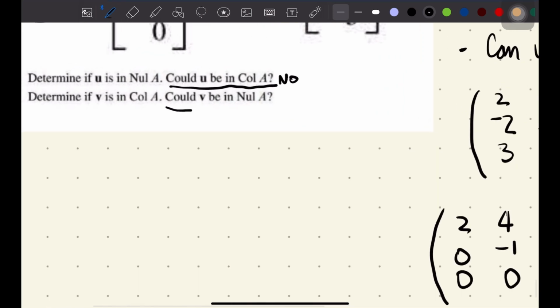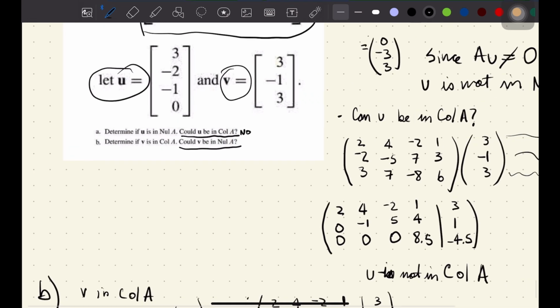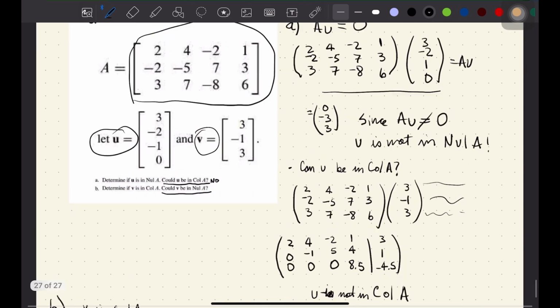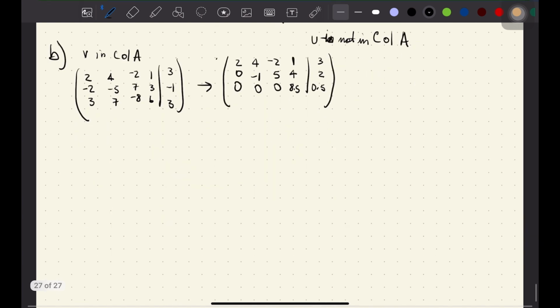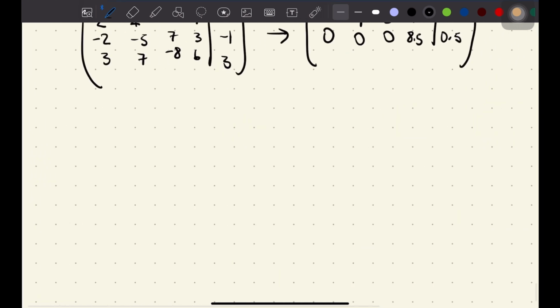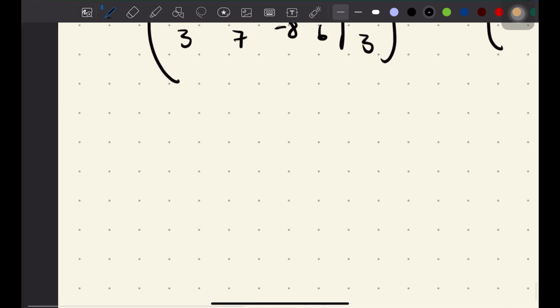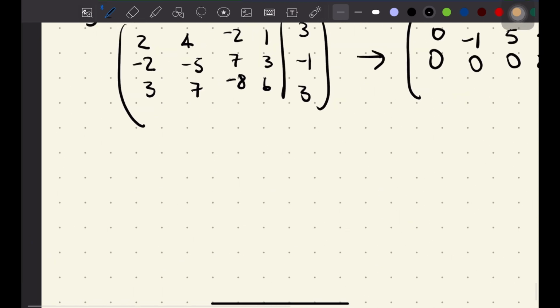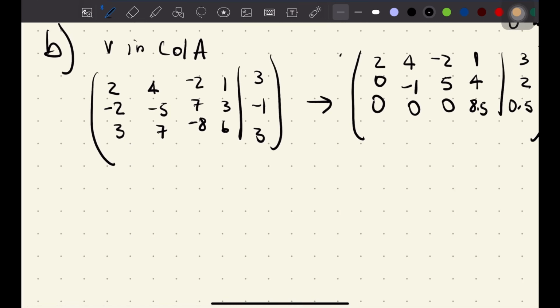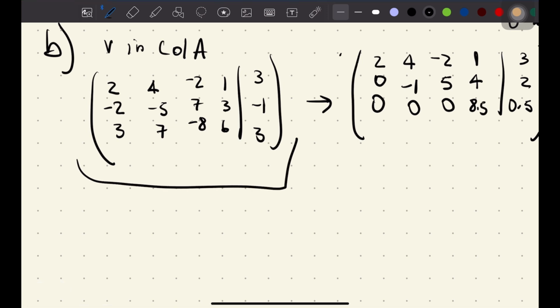So it's asking us, could b be in Nul A? Let's find out. As we did before, we did a bunch of math in here. Let's take the same thing here.